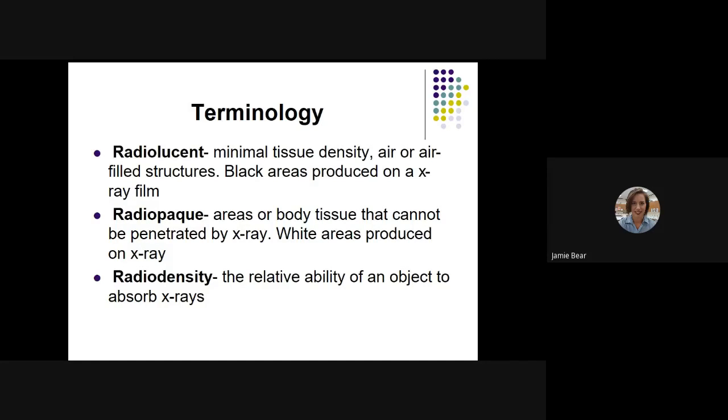Radio-opaque, white, and that's body tissue in the lungs that can indicate atelectasis, fluid, anything that's not air. And then radiodensity just talks about the relative ability of an object to absorb x-rays. So yeah, like air would be less radiodense than say a bone.